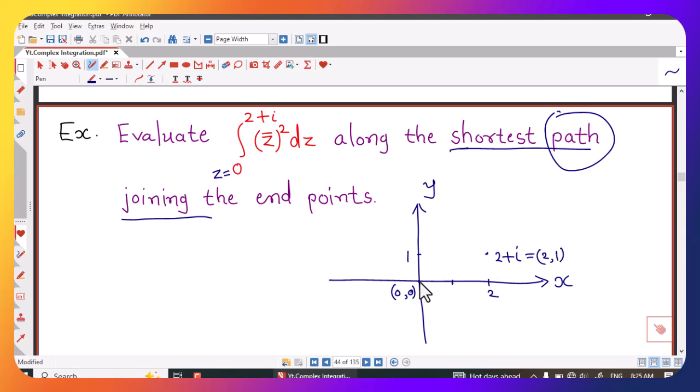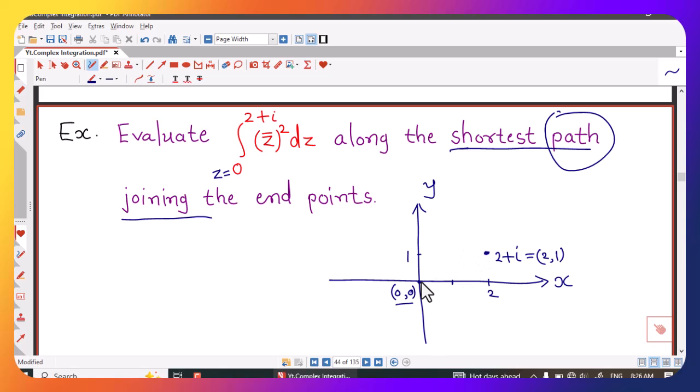So there are infinite number of paths between these 2 points z equal to 0 and z equal to 2 plus i. Out of those infinite number of paths, we have to integrate along the shortest path between these 2 points, and we know that in the xy plane or complex plane the shortest path joining any 2 points is the straight line.